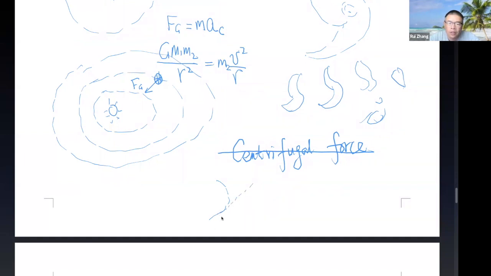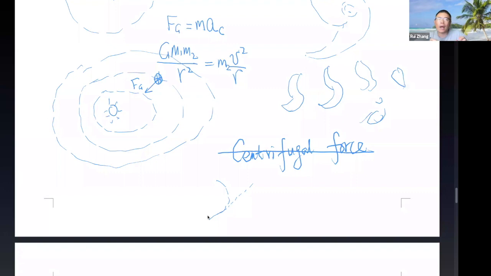This is Newton's first law. Without any force, you want to go in a straight line. But because you cannot go in a straight line, you're forced to go in rotation, either because of the merry-go-round or because the road has a turn. So you need a real force to provide this centripetal acceleration.